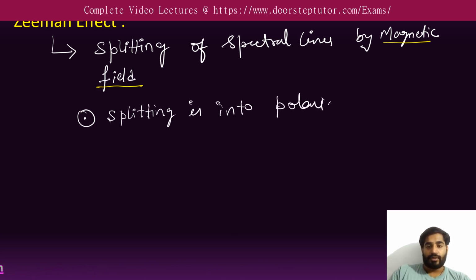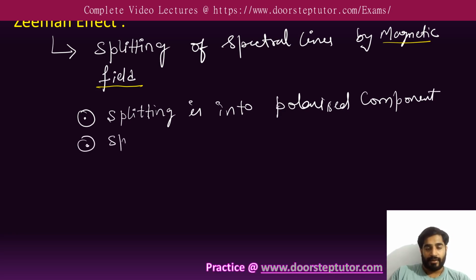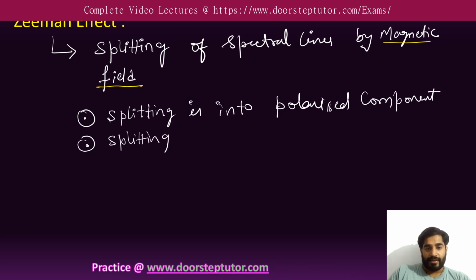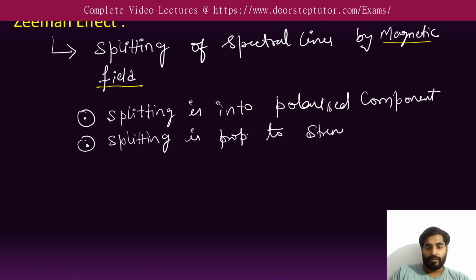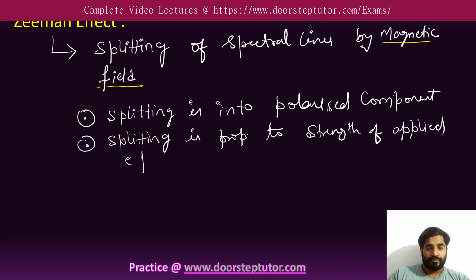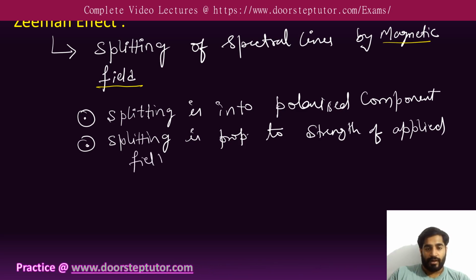Remember this, polarized components. And the next important thing is that the splitting is proportional to the strength of the applied field. So this is what happens in the case of splitting in the Zeeman effect.